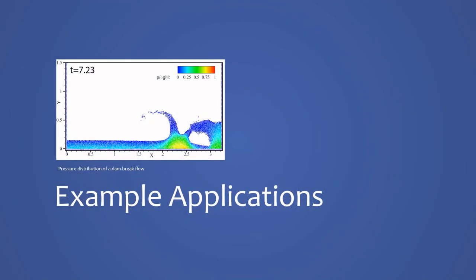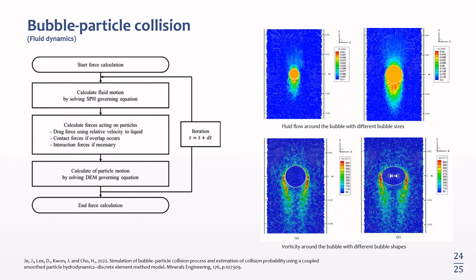So let's look at an example application for SPH. One example where SPH can help us in the real world is bubble particle collision, a kind of fluid dynamics in froth flotation. Froth flotation is the process used for the separation of mineral particles.